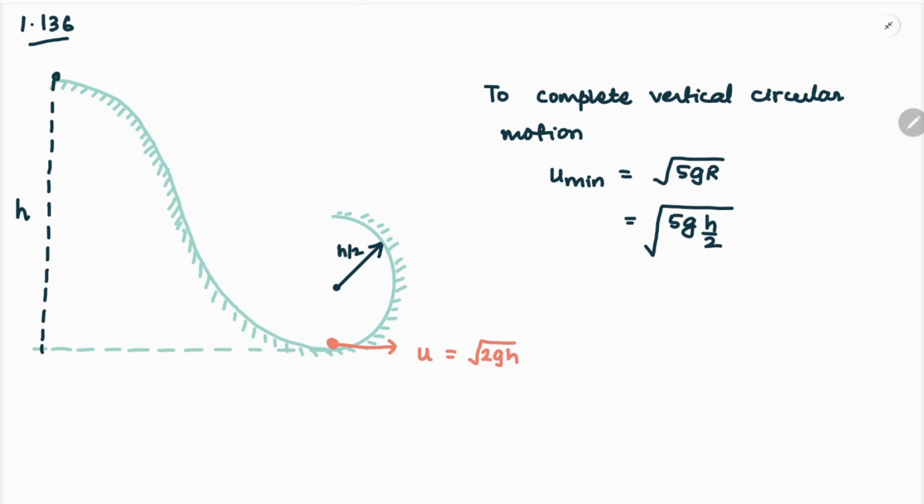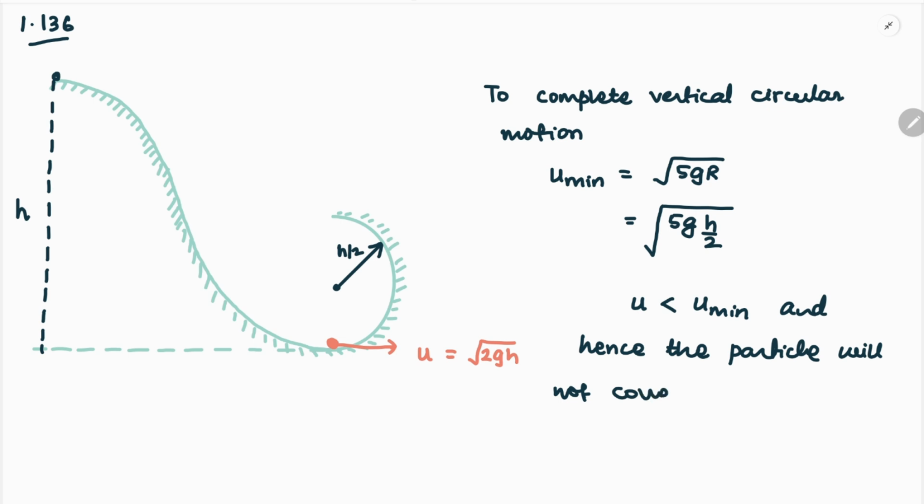So this is greater than root 2 gh, it is 2.5 gh. So the minimum speed is not reached. So we can say over here u is less than u minimum, and hence the particle will not cover the complete circle.